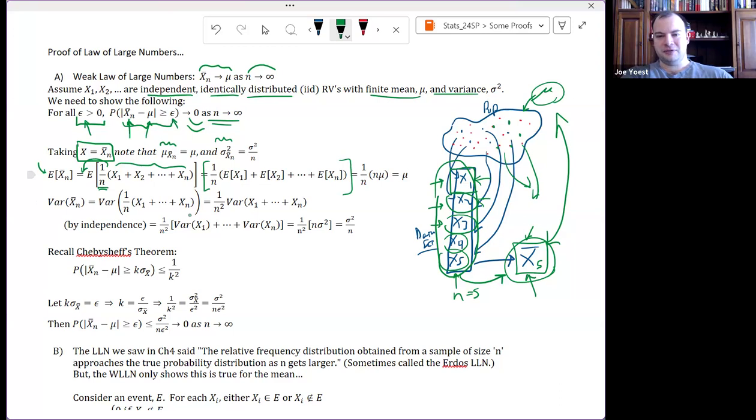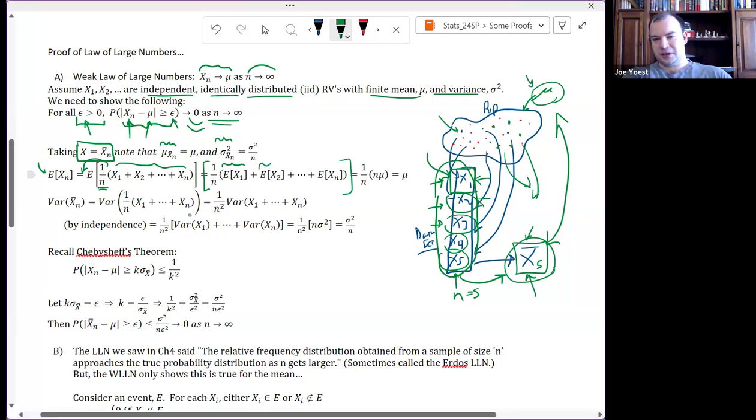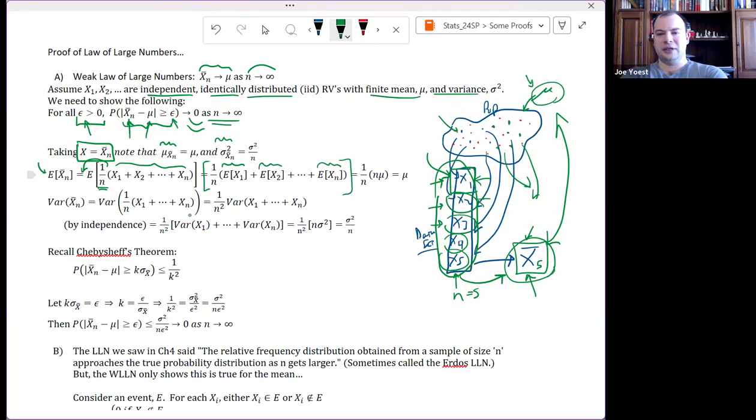But each of these expected values, what is the average draw for x1? Well, that's just mu, right? The mean of a sample of size 1 from a population is just mu, the mean of the population, as is the mean for x2 and so on throughout xn.